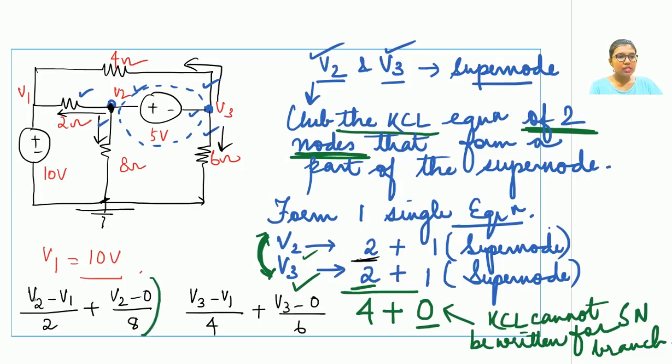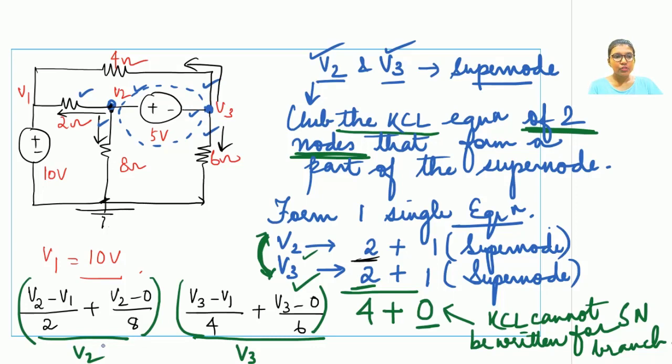So these are the sets of branch equations associated with node V2, and these are the sets of branch equations associated with V3. What does the supernode condition state? It states that one has to club the KCL equations of the branches together in case the two nodes are forming a supernode.